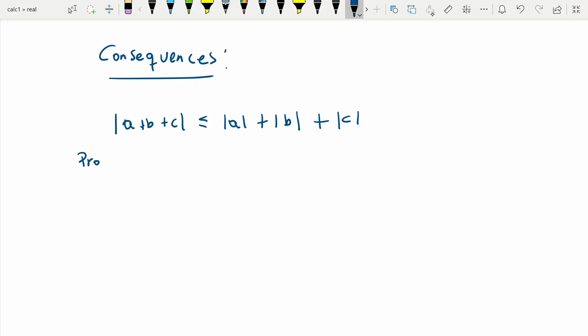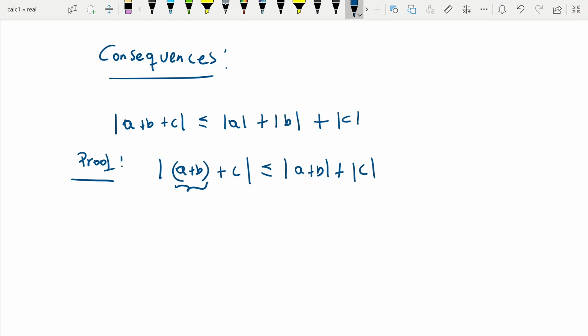Proof. We're slowly getting to the habit of proving things. So we know that the triangle inequality is true for any two numbers, and A plus B is a number. So we know that the absolute value of A plus B plus C must be less than or equal to the absolute value of A plus B plus the absolute value of C. In turn, now we have the classical triangle inequality here.